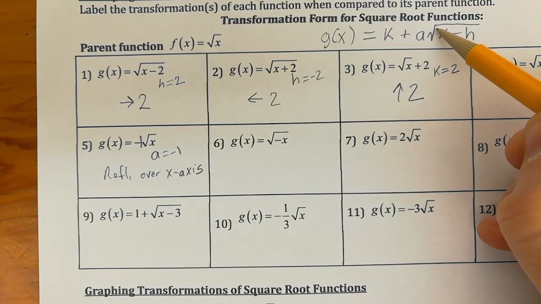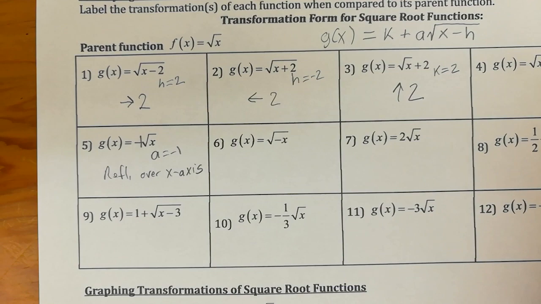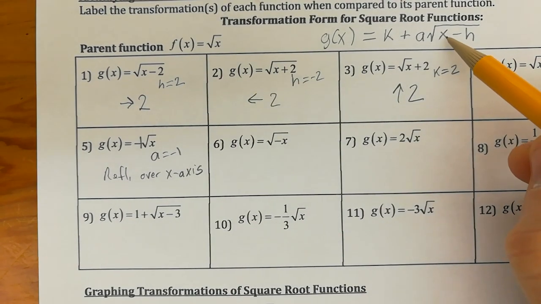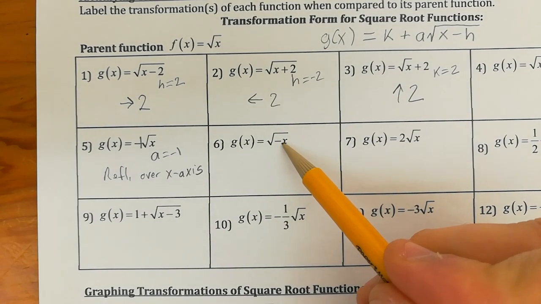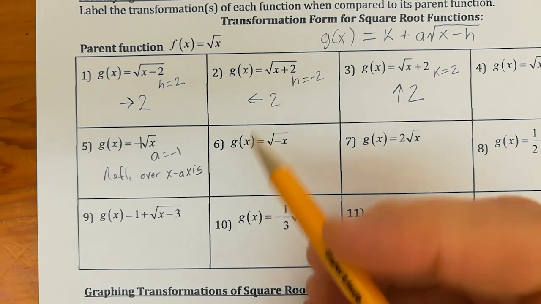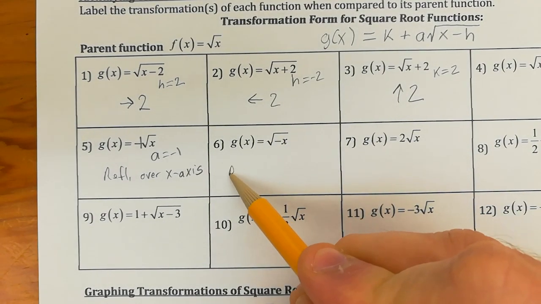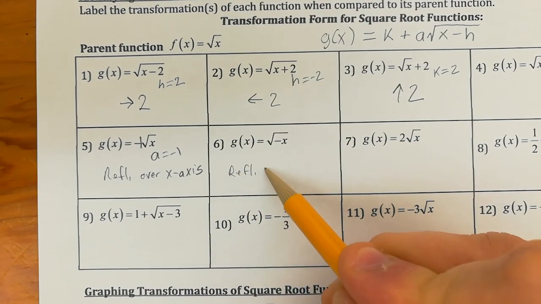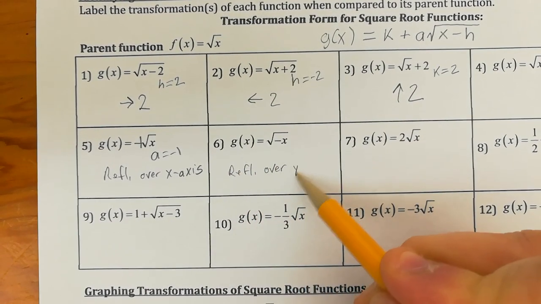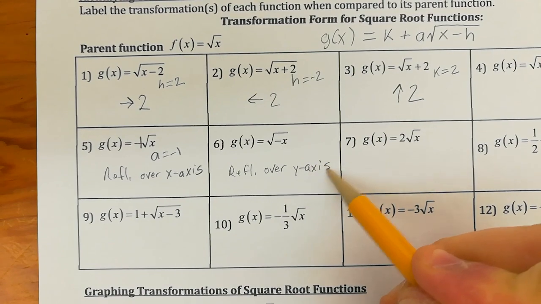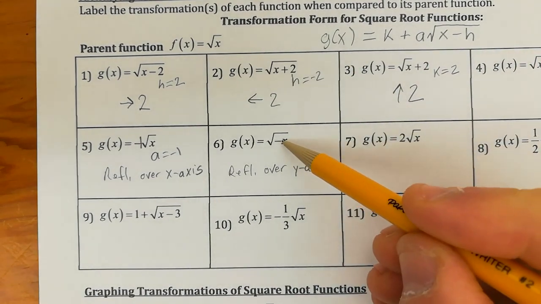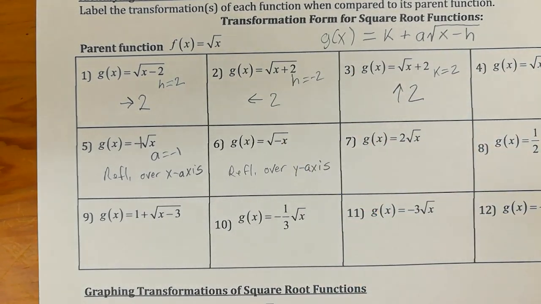Sometimes you see a transformation form with a b here or 1 over b. I just don't want to make it too complicated here, so we're going to leave that out. But just know that if you have a negative on the inside of the square root, you actually have a reflection over the y-axis. So if there's a negative inside, you have a reflection over the y-axis.